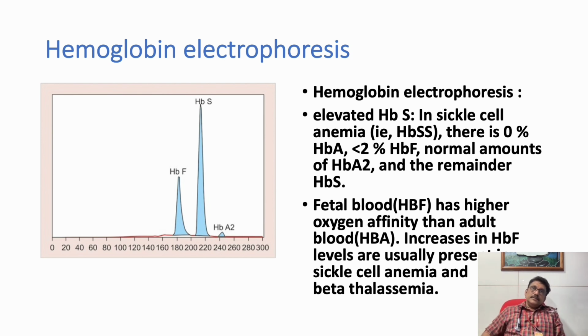So, in sickle cell disease, HbS is very high, that is an abnormal hemoglobin, HbA is very low, and HbF is trying to compensate for the loss of HbA. If we increase the HbF with a medicine, we can probably counter the problem of hemoglobin S or sickle cell disease. That is the treatment plan.